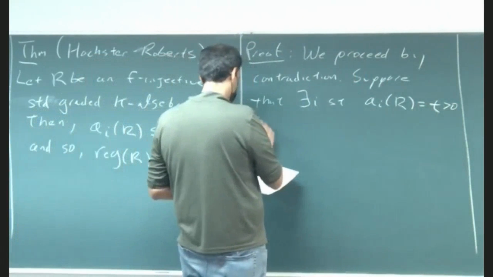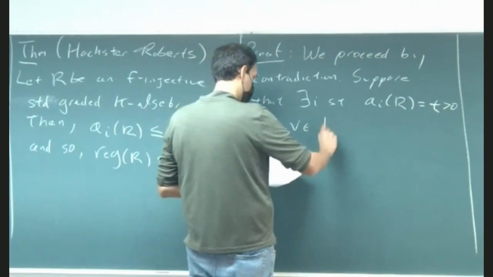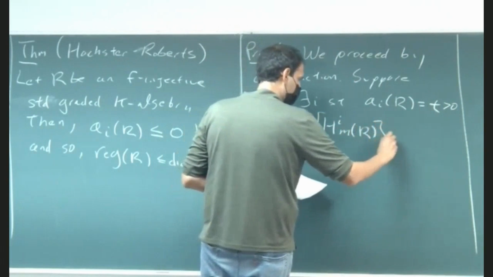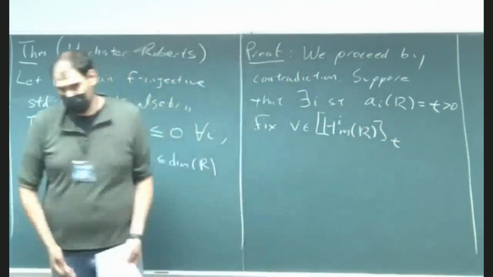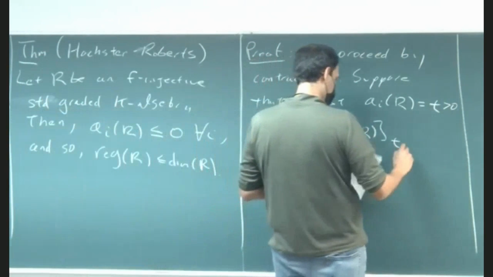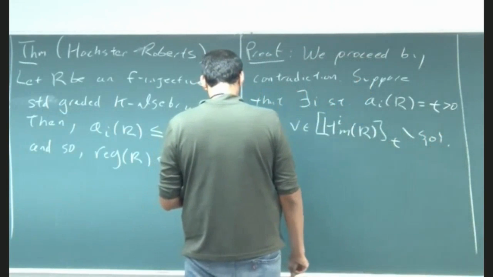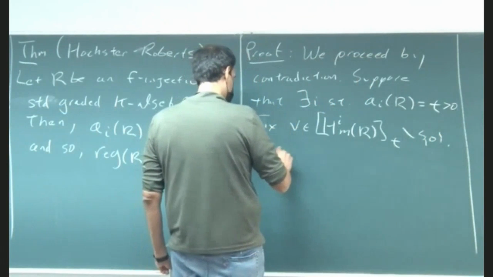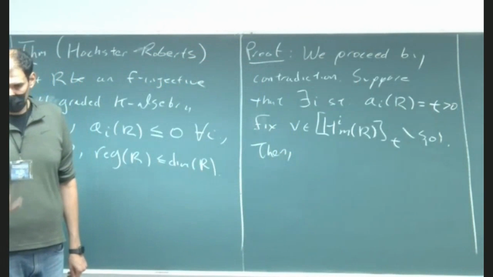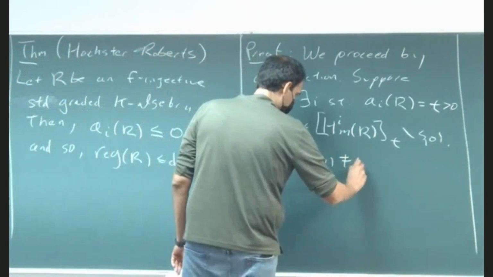So if we fix an element b inside the i-th local cohomology of degree t, this is possible by how we define the a-invariant. There'll be a non-zero element. Okay? So then, because this ring is F-injective, we have that F of b has to be different than 0.